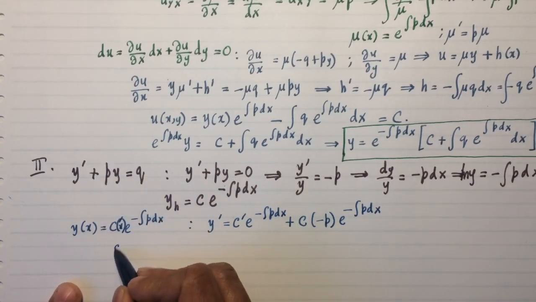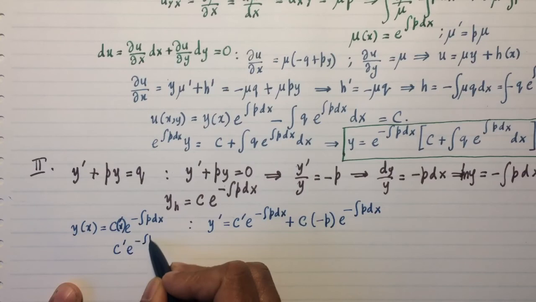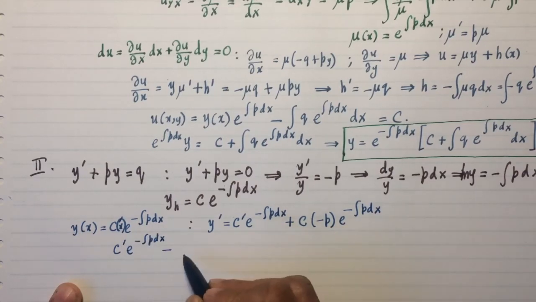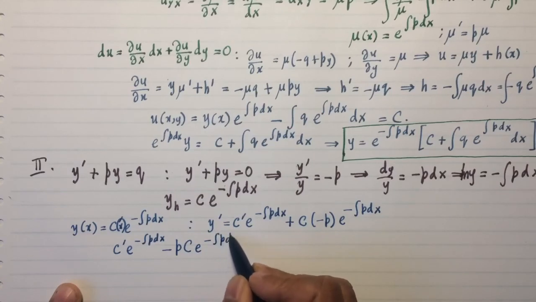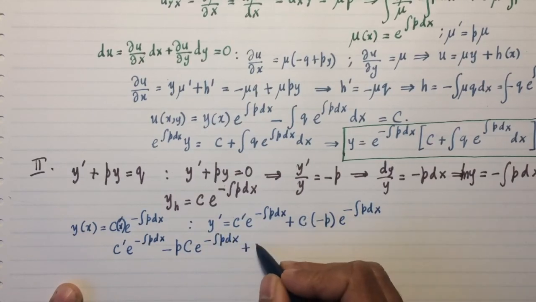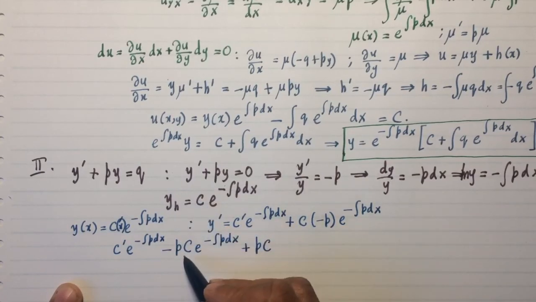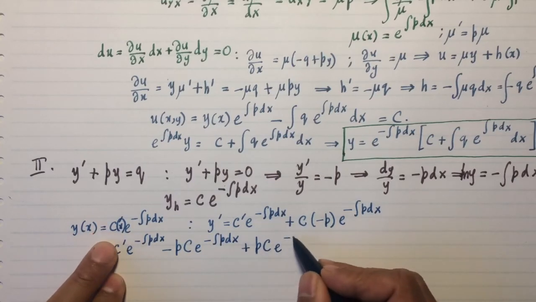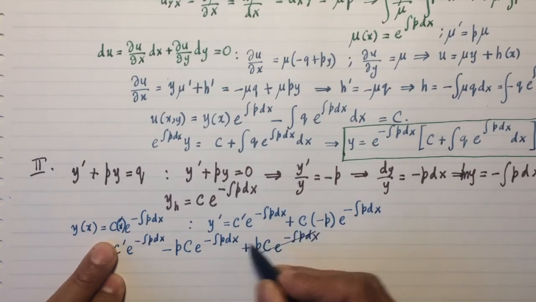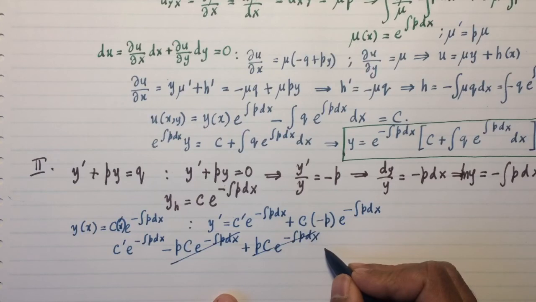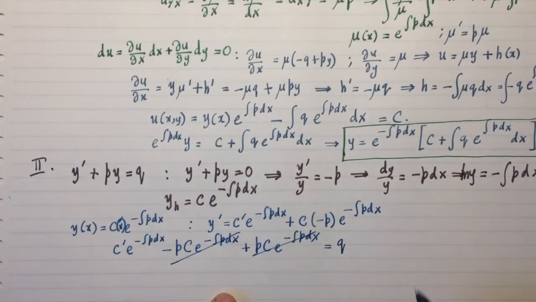Let's solve that. c prime e to the minus integral p dx minus p c e to the minus integral p dx plus, look at this, plus p c e to the minus integral p dx, because y is again c e to the minus integral p dx. So these two terms are going to cancel. Equals q. Well, that's very nice.